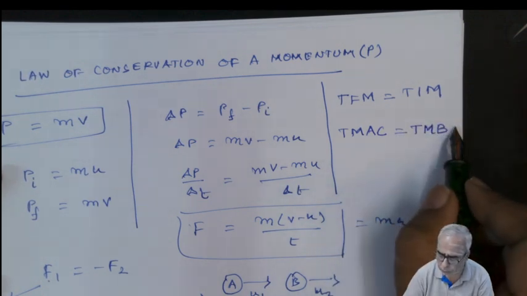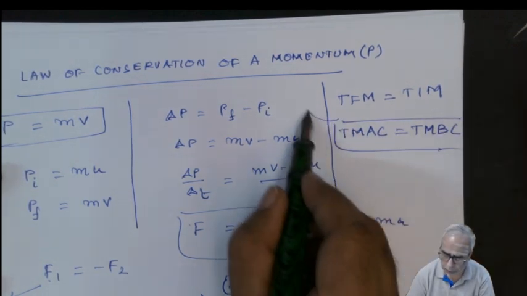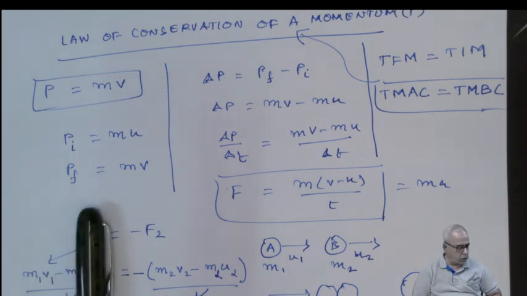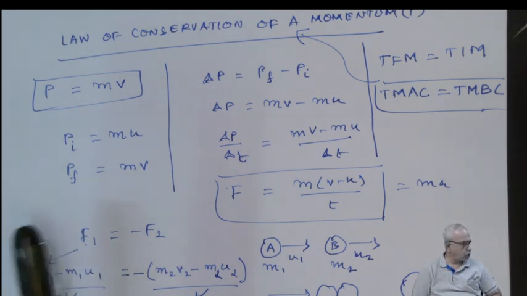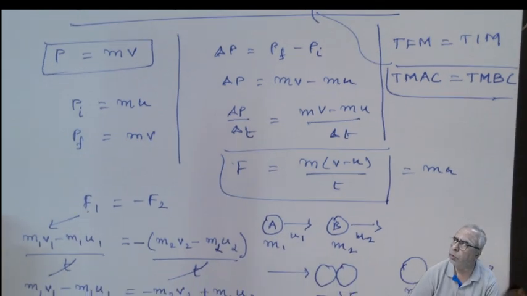Are you able to follow? Okay. So this is called the conservation of momentum. So what is conservation of momentum? Conservation of momentum is, during the collision, the total momentum before collision is equal to the total momentum after collision. So this is the derivation of conservation of momentum. Is it clear now?